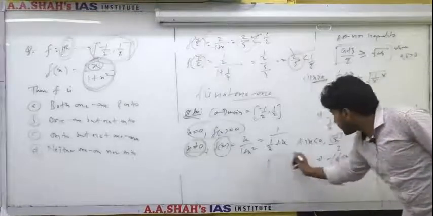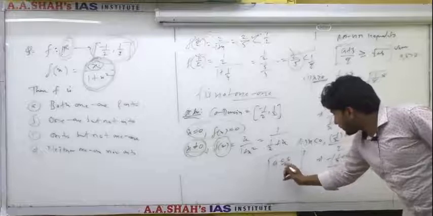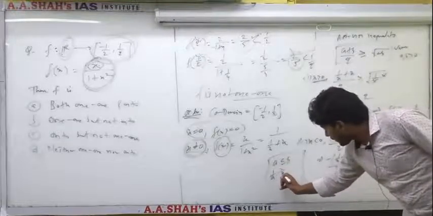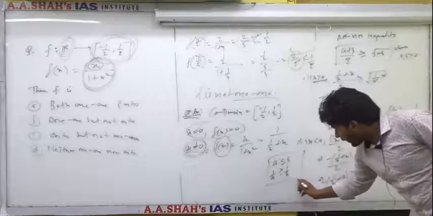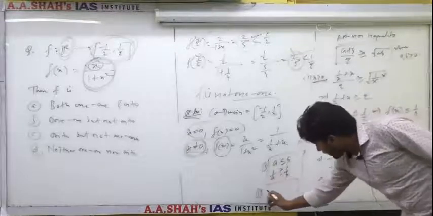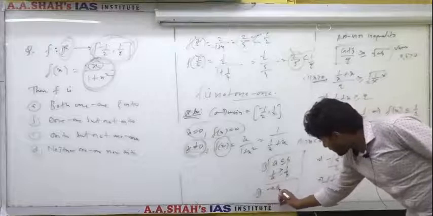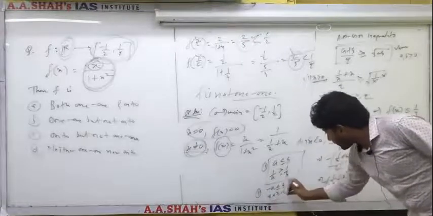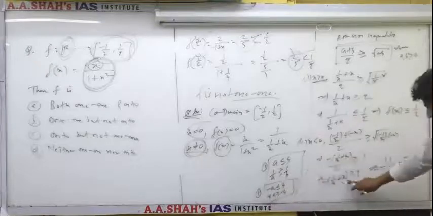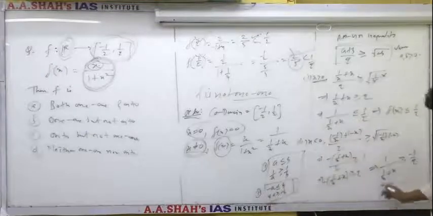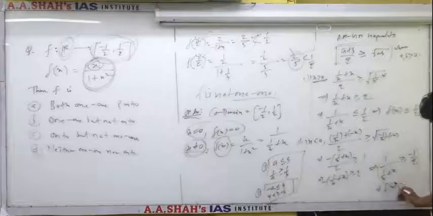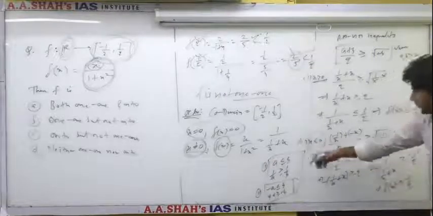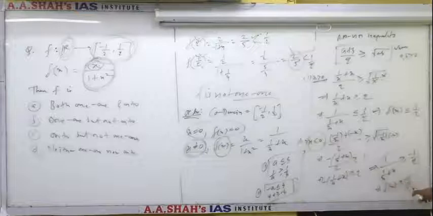Like what we used: if a is less than or equal to b, a and b both positive, then 1 by a is greater than or equal to 1 by b. Or else, if minus a is less than or equal to b, then a will be greater than or equal to minus b. These two things are used here, and we get that f(x) is greater than or equal to minus 1 by 2 when x is negative.